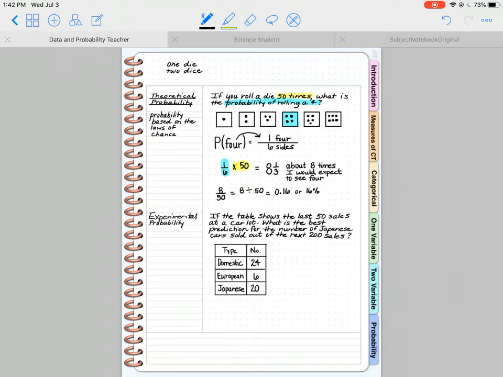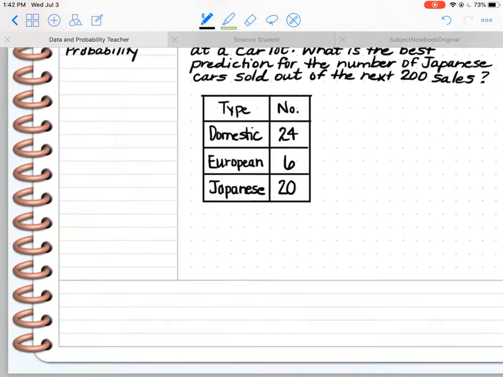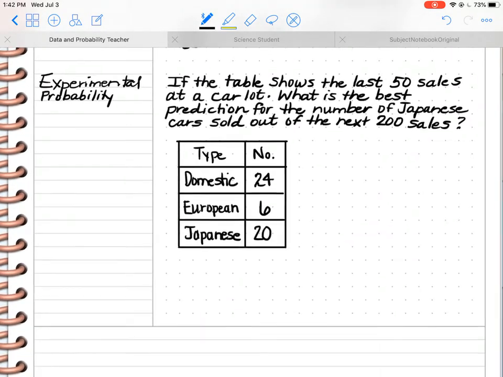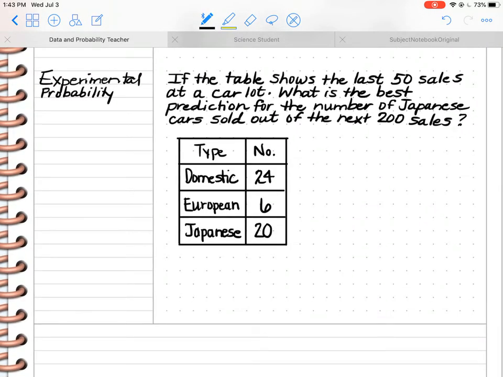We did the problem on theoretical probability, so I want to show you how to do experimental probability. And I'm not sure why I didn't underline that, but experimental probability is probability based on data or past performance.